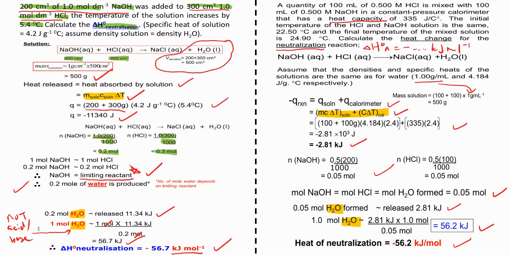We know that sodium hydroxide and hydrochloric acid react in a ratio of 1 mole to 1 mole, but now we have different numbers of moles, meaning there will be a limiting reactant. So in this type of question, for neutralization, you need to make sure whether there is any limiting reactant or not.